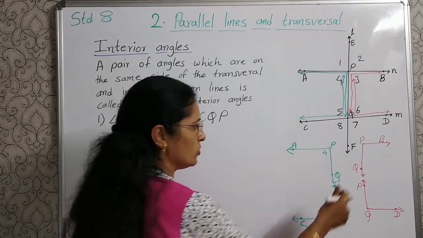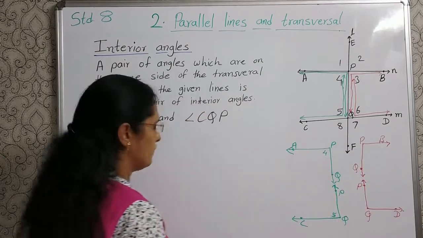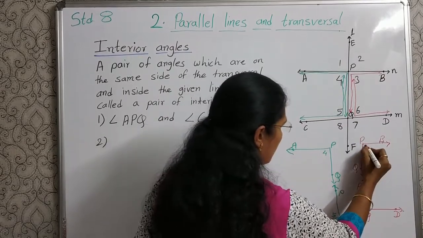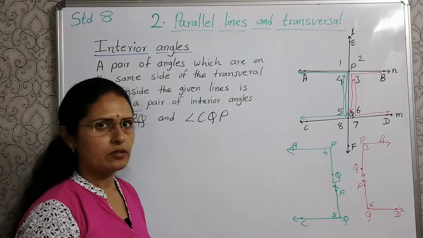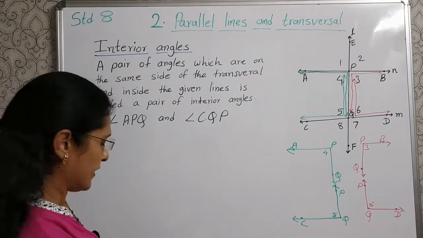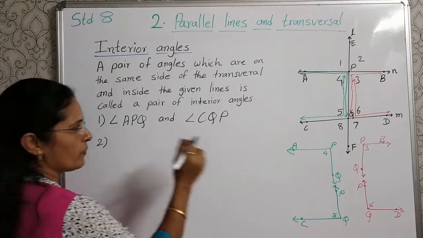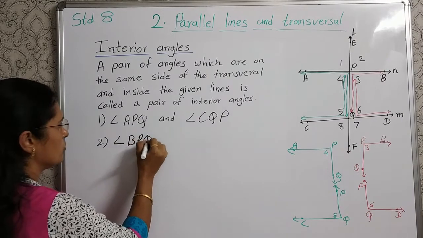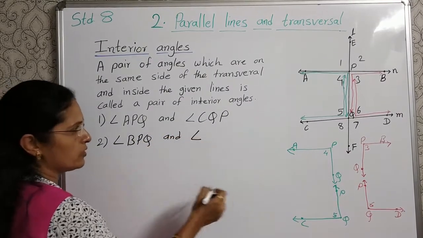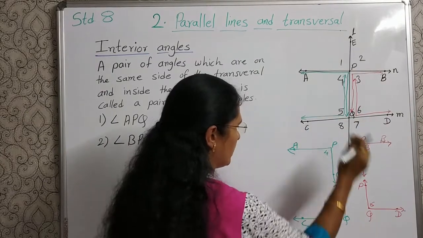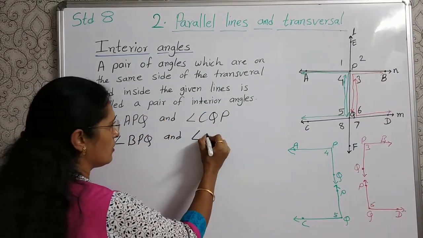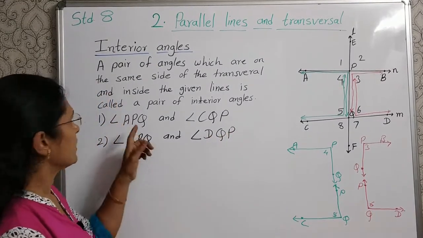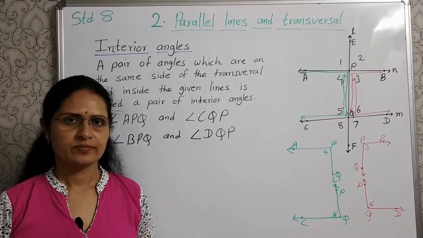So angle 3 and angle 6 make another pair of interior angles. I'll write their names here: angle BPQ and angle DQP. So these are the two pairs of interior angles.